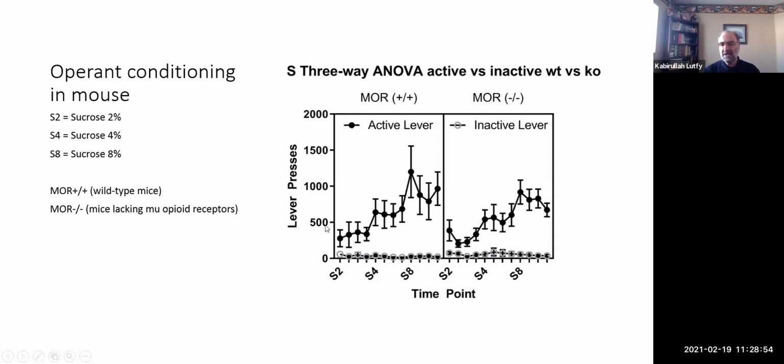So they perform the task to get about 1 ml or so, and then they increase it when you increase the concentration of sugar.